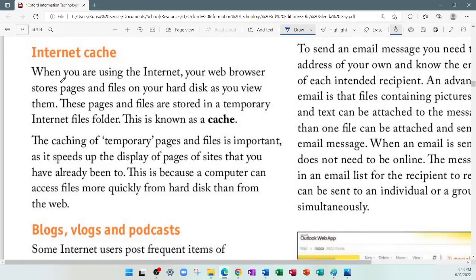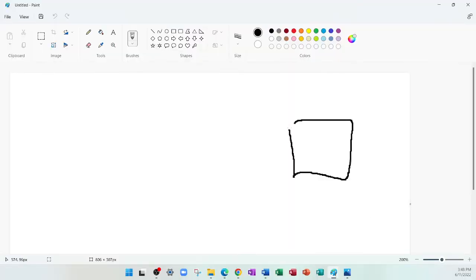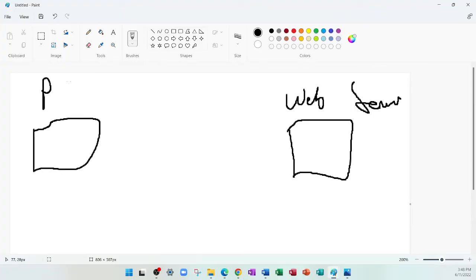So what is the internet cache? When you're using the internet, your browser stores pages and files on your hard disk, because of how the internet actually works. Remember we said that there's a server on the internet, the web server, and you have your computer here. So this is your PC here.